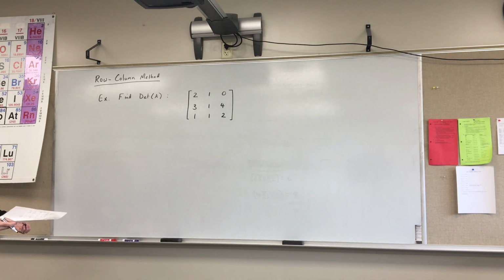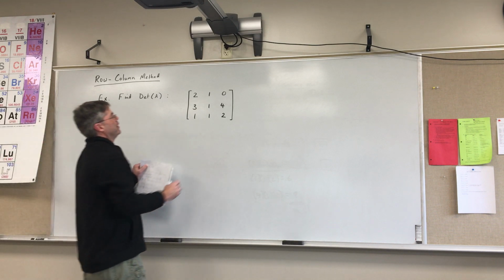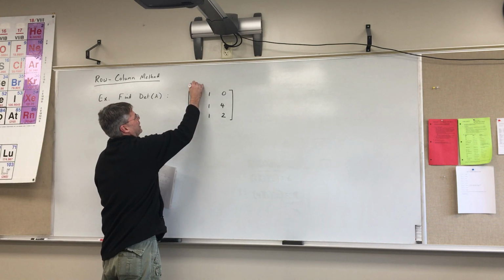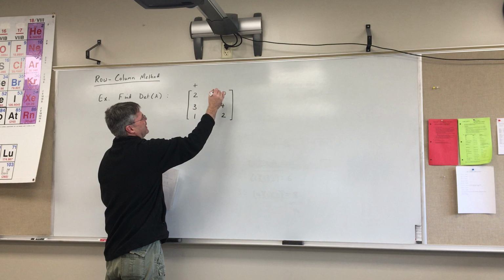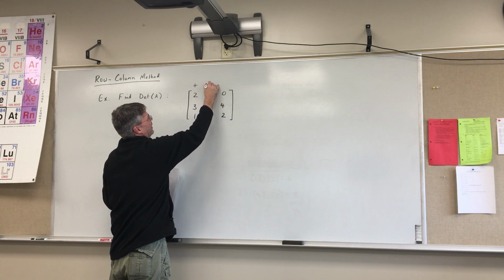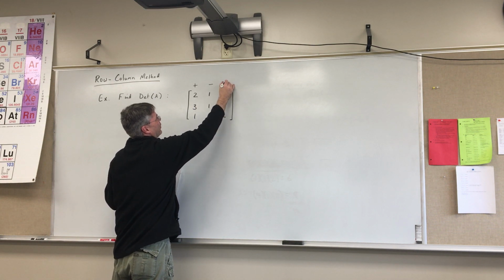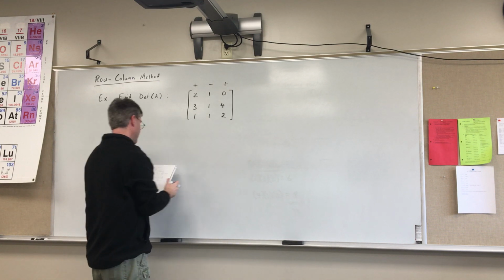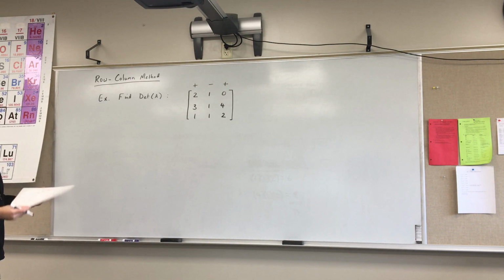What you do with this method is in the first column put a plus, and then the next column put a minus, and then the third column put a plus. Okay, that's going to help remind you how to put all this together.